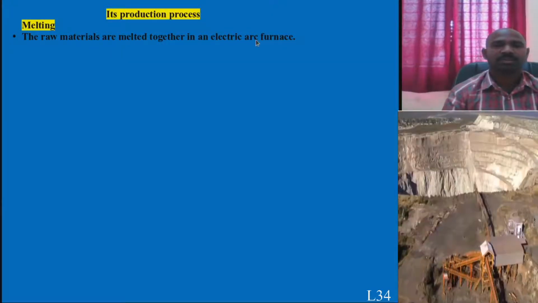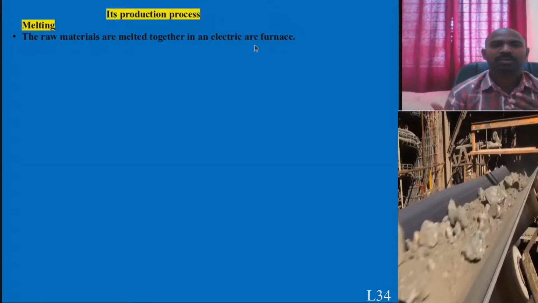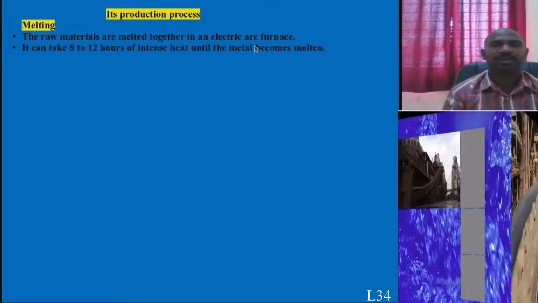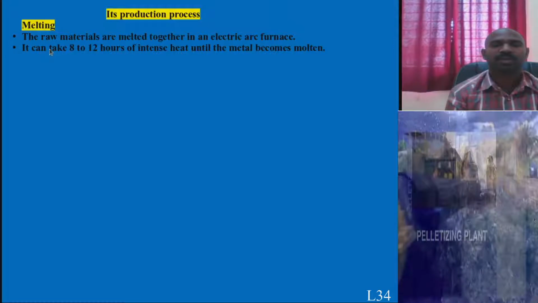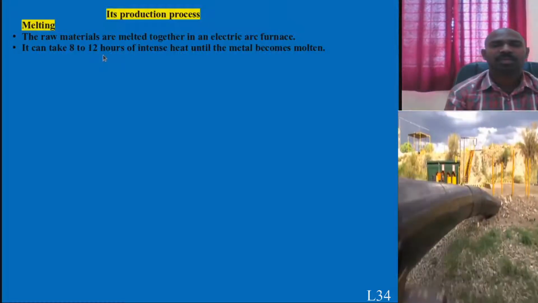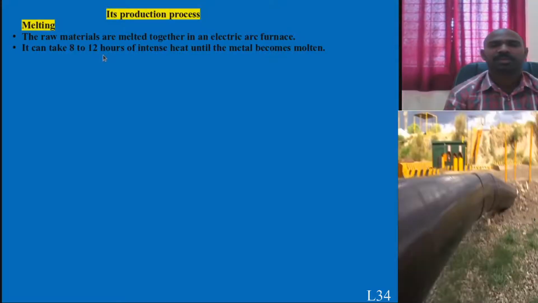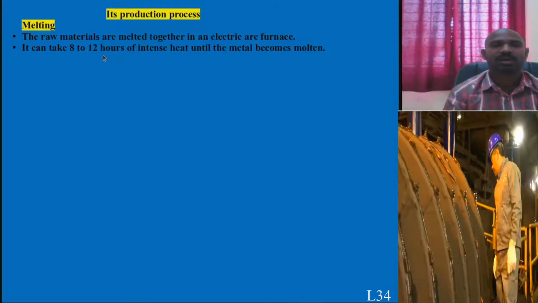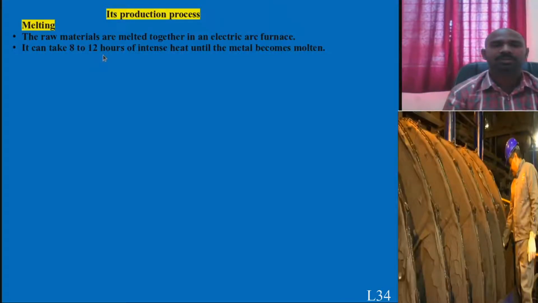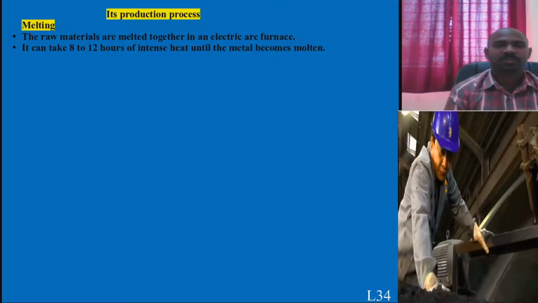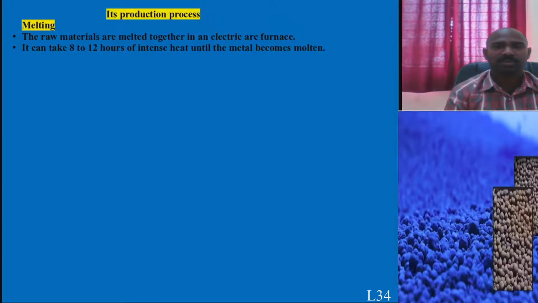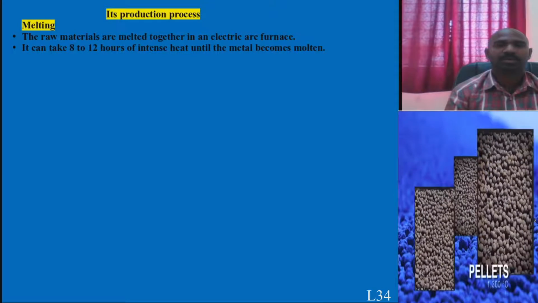Everything is done at the electric arc furnace stage. To become molten state, it will take 8 to 12 hours. Intense heat needs to be supplied by the electric arc, initially applying a lower voltage and slowly increasing the voltage. Finally it reaches the molten state.